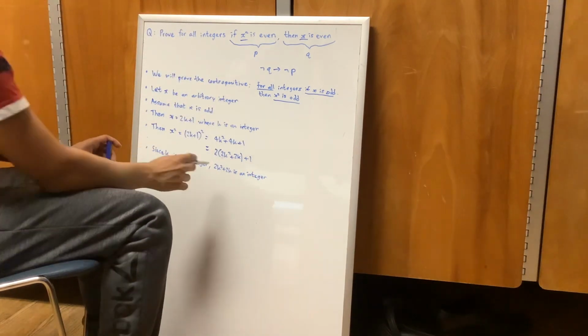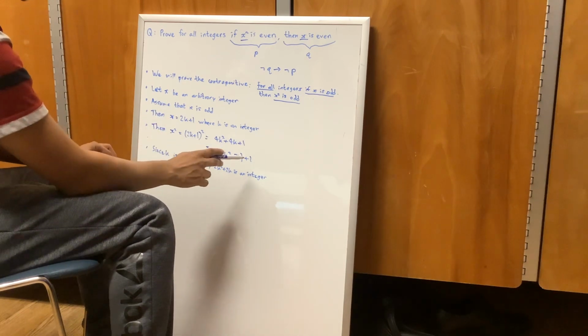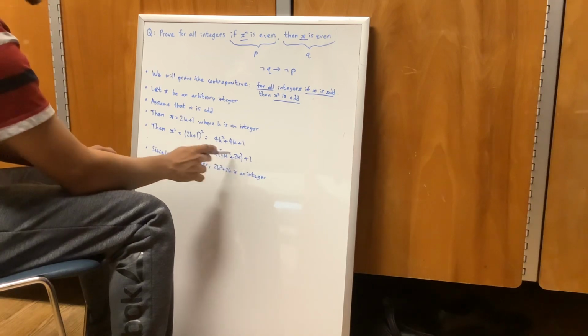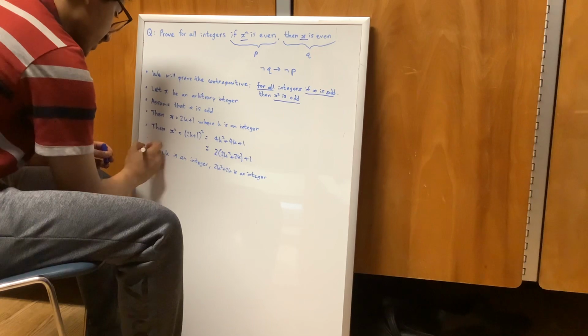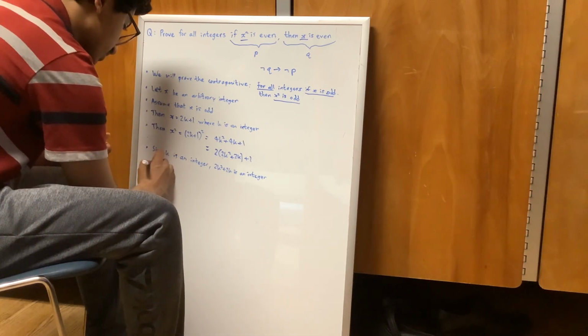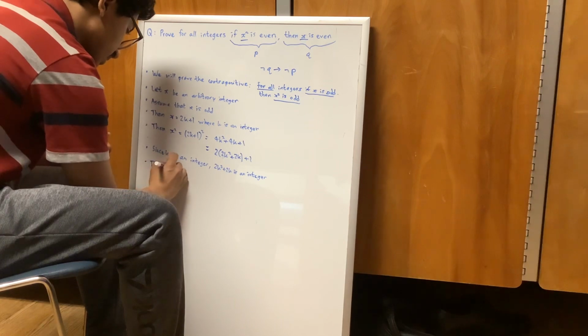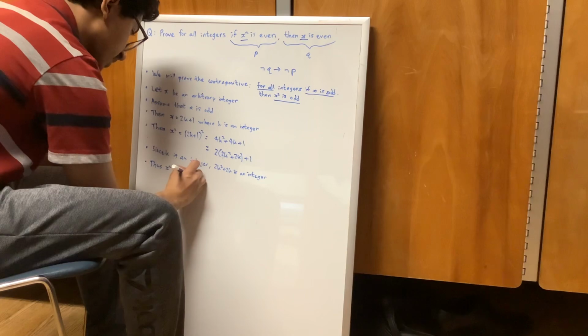And since now we know that this is an integer, we have written x squared in the form of 2k plus 1, where this is now your new integer. So then we can say that thus x squared is odd. And that concludes our proof.